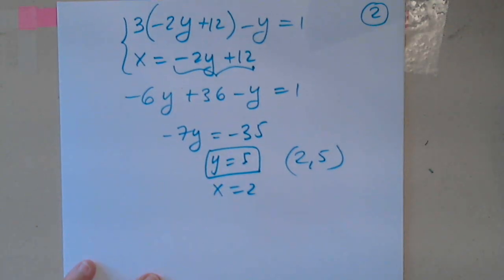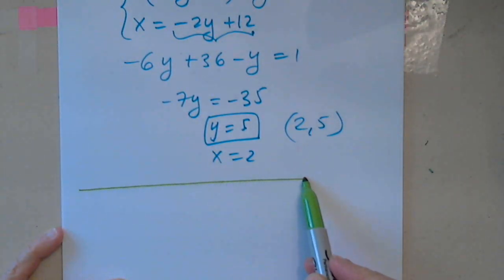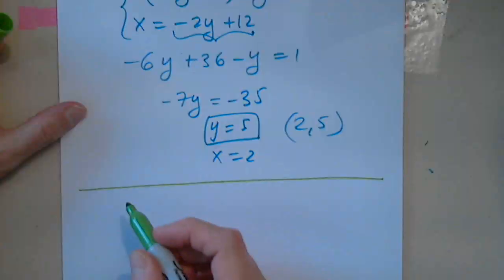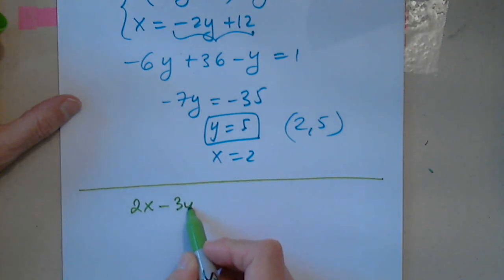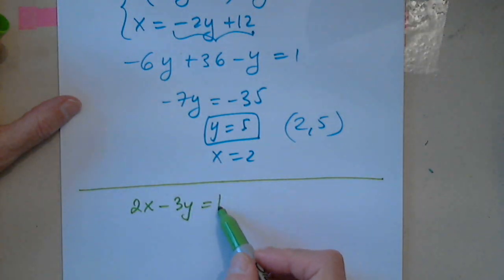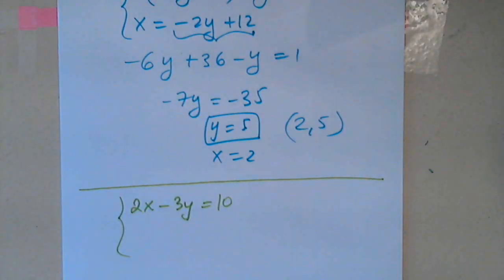Okay, so now I owe you examples of the other two that we have not seen yet. So here's an example. Let's say 2x minus 3y equals 10. And I'm going to make a little calculation on the side.